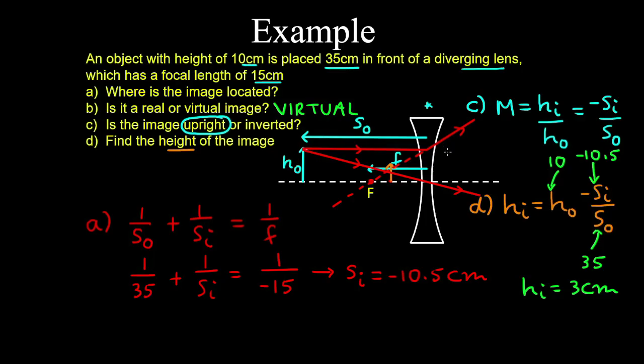So because this drawing is not to scale, the location and height of the image are slightly off from the calculation. So our result, using the lens equation, looks correct.